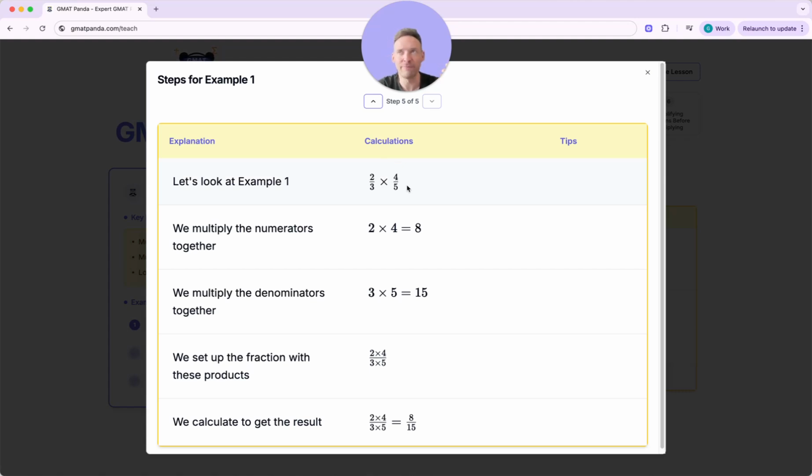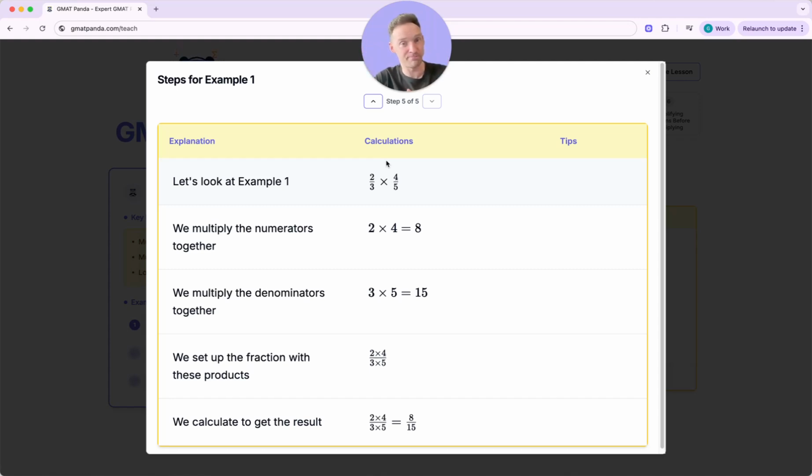Now 4/5 is most of something, because the 4 is very close to the 5, the total amount. So when we take 4/5 of something, we expect to get most of it. 2/3 is a bit more than half a cake. So when we take 4/5 of 2/3, we would expect a result of around 1/2 of the cake.